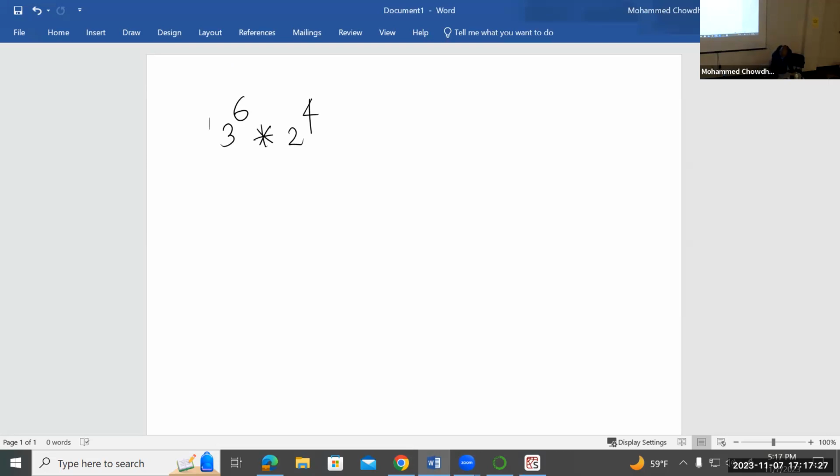Did I... no, I wrote it the other way, right? It should be 6 to the power 3 times 2 to the power 4. 3 dice and 4 coins. This is BPC, basic principles of counting.